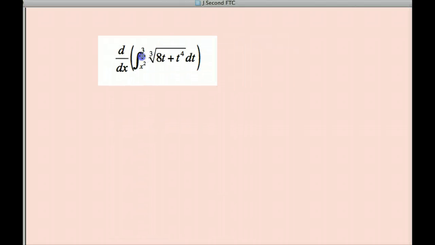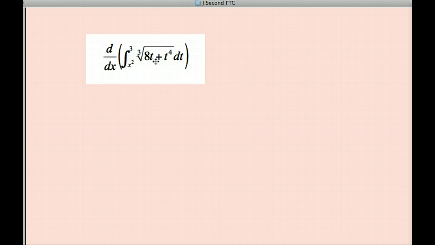Here we go. I have d dx, integral from x squared to 3, cube root of 8t plus t to the 4th dt. I line everything up again, and I have a d dx. I have a function in here, and then I have these limits. So there are two things that happen.